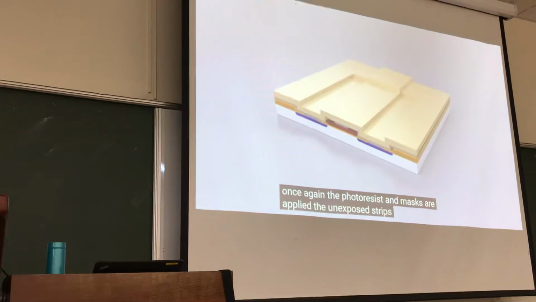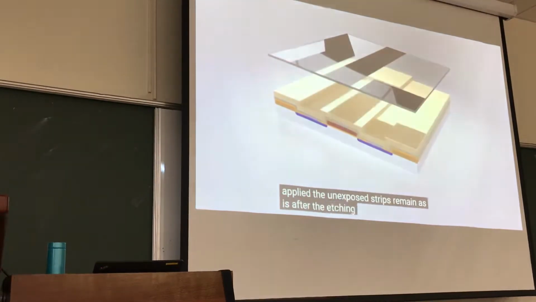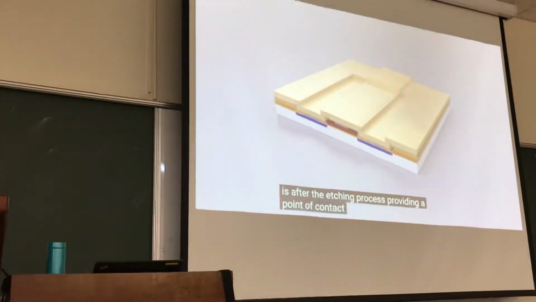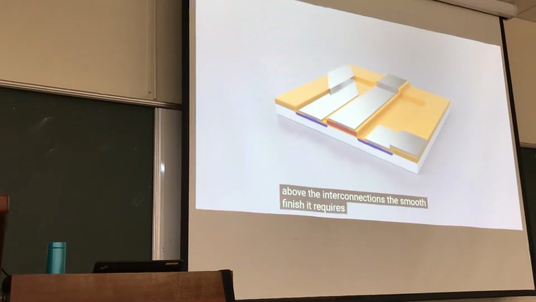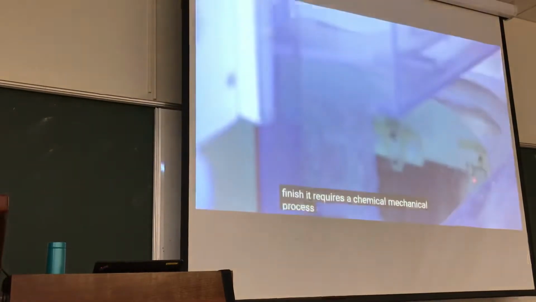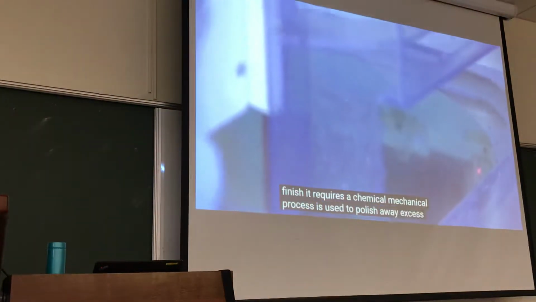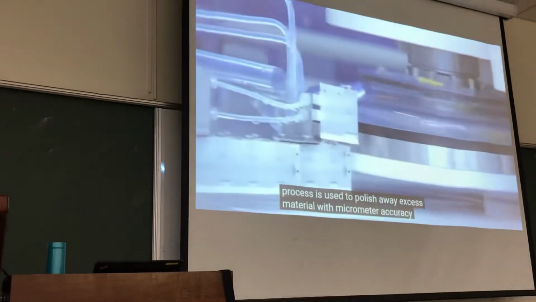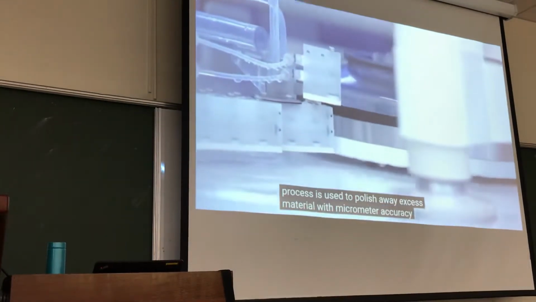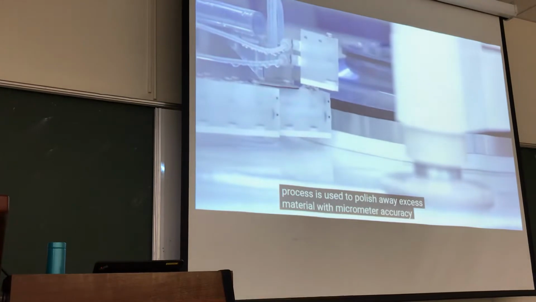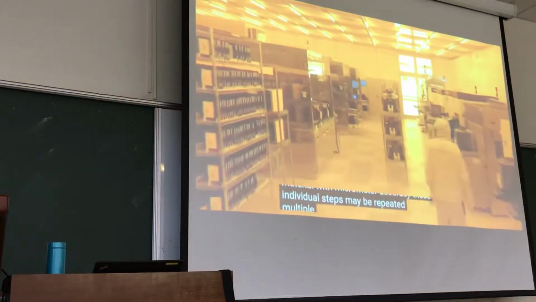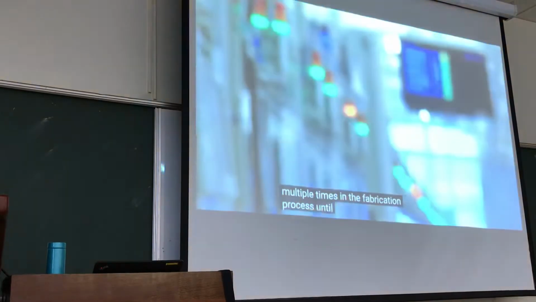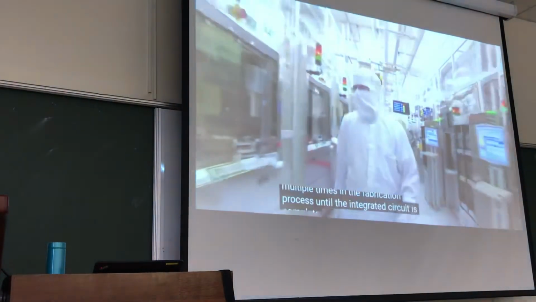The unexposed strips remain as is after the etching process, providing a point of contact to the underlying layers. To give the insulation layer above the interconnections the smooth finish it requires, a chemical-mechanical process is used to polish away excess material with micrometer accuracy. These individual steps may be repeated multiple times in the fabrication process until the integrated circuit is complete.